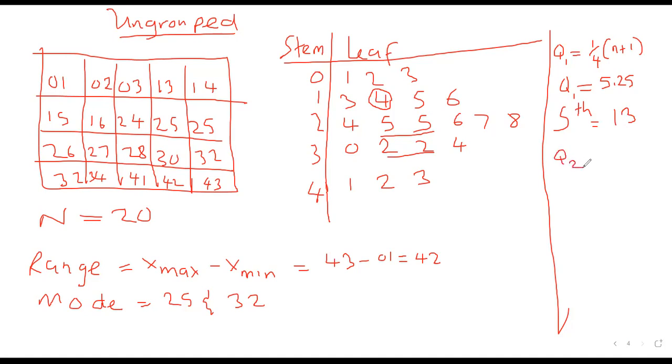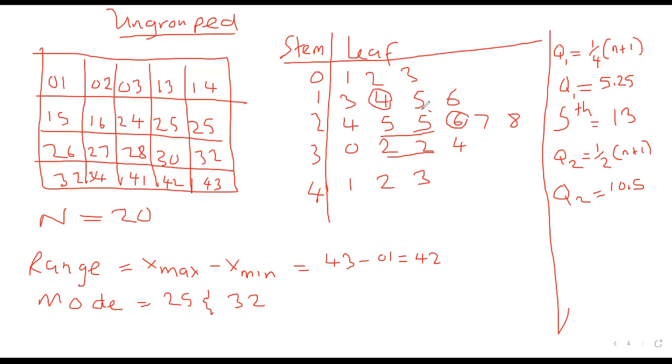The second quartile is also the median. It is half of n plus 1. Our n is 20, plus 1 is 21. Half of 21 is 10.5. So we go to the 10th and the 11th and divide by 2. 1, 2, 3, 4, 5, 6, 7, 8, 9, 10, 11.